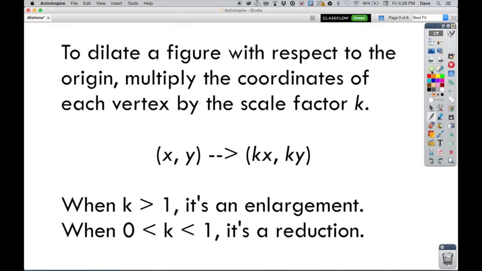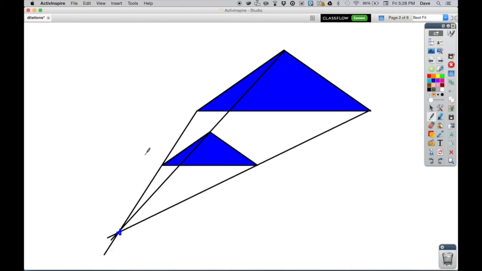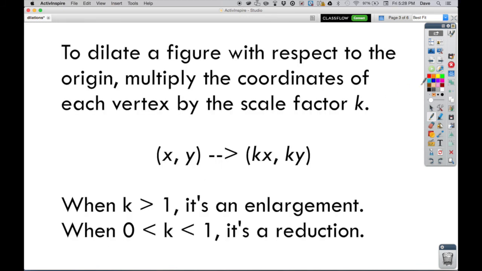Now we're going to also look at dilations mathematically. To dilate a figure with respect to the origin, meaning that the origin is always going to play the role of that flashlight I was talking about. So if this was an example we actually did, this would be the origin, 0, 0. What you do is you multiply the coordinates of each vertex by the scale factor of k.